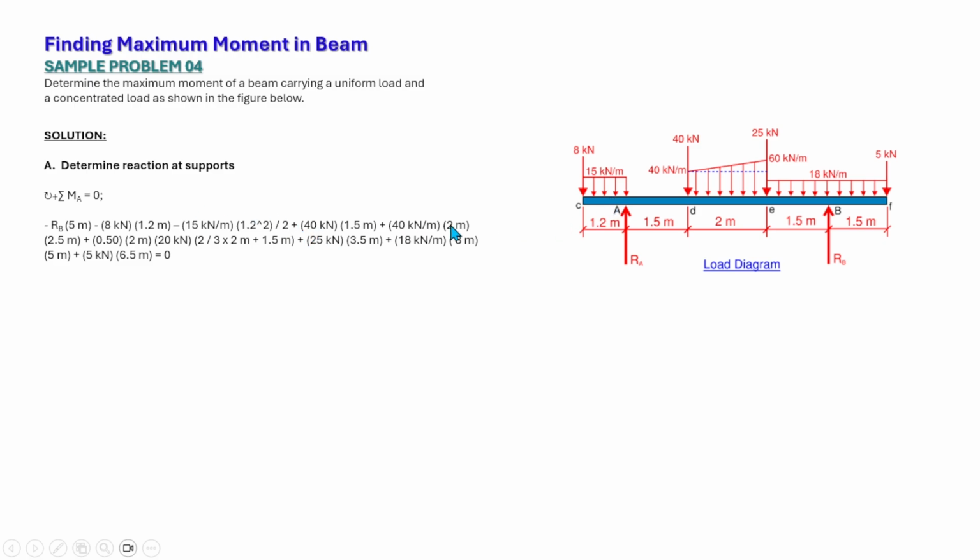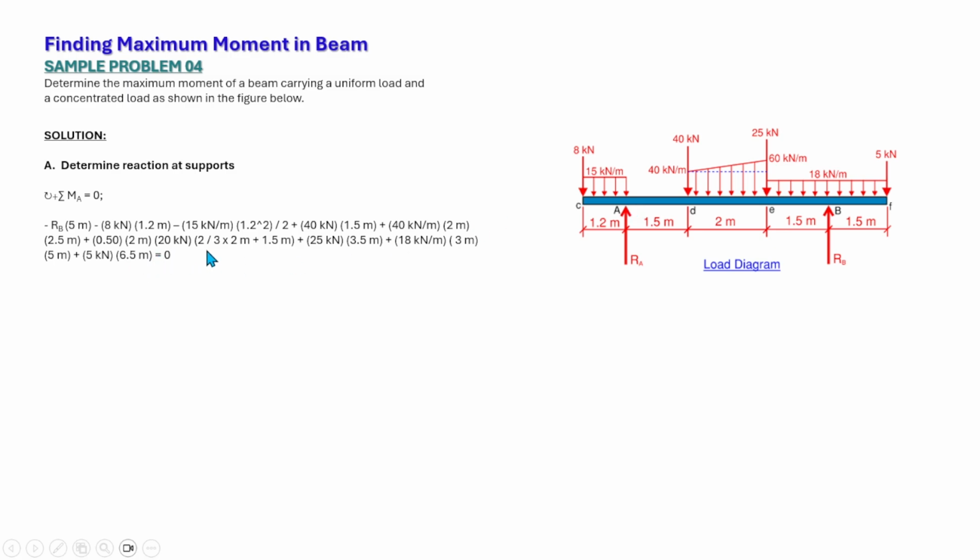Then plus 40 kilonewtons times 1.5, the moment arm, plus 40 times 2, which is the rectangular part. For the trapezoidal loading, we will treat this as two parts. So 40 times 2 times the moment arm of 2.5. The centerline of the rectangle is 1 meter from here, so that is 2.5.